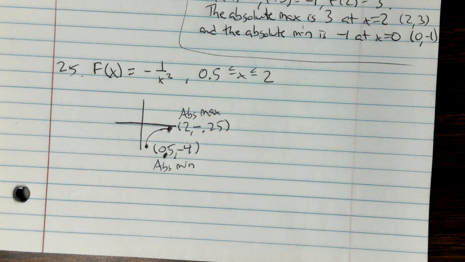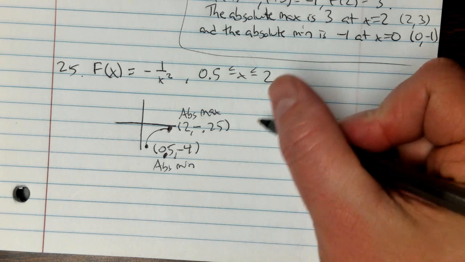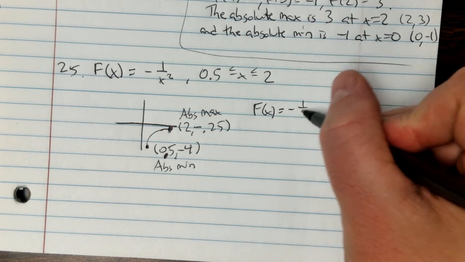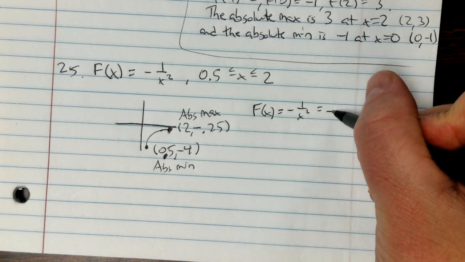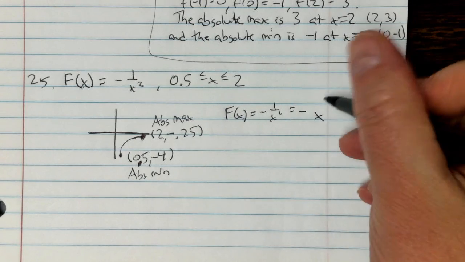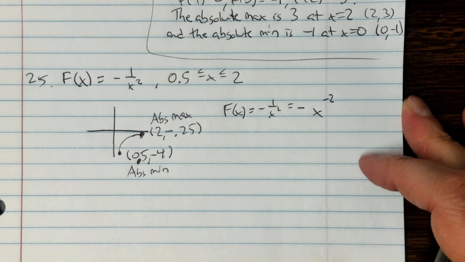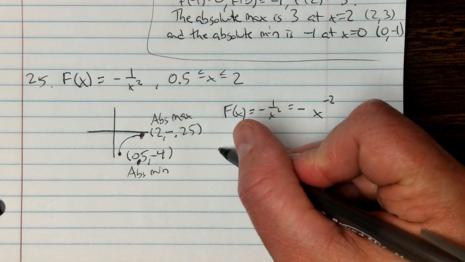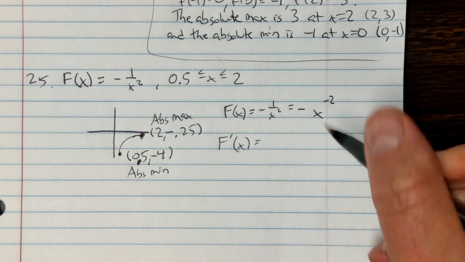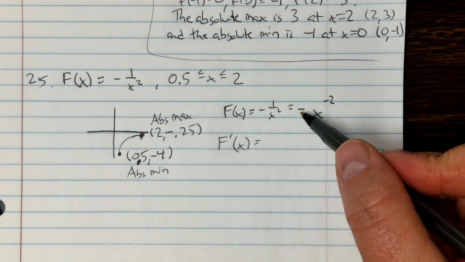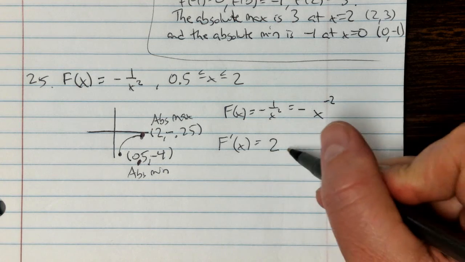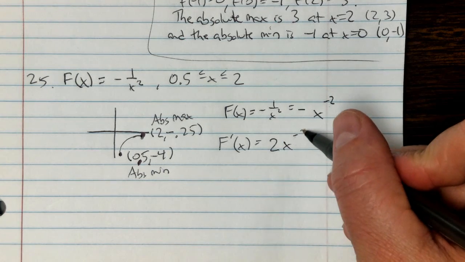Okay, so what we have is your f of x equal to negative 1 over x squared. Remember, that means negative x to the negative 2. That's how we rewrote it. And then when we take our derivative, we bring our power down, and it'll be negative times negative 2, which is positive 2, and then x, and then decrease by 1.